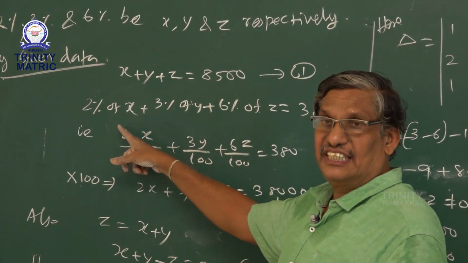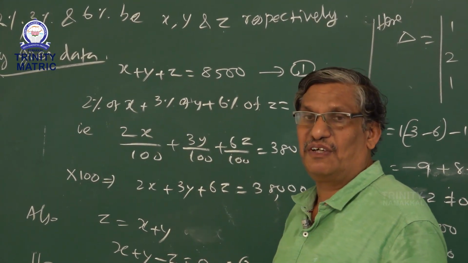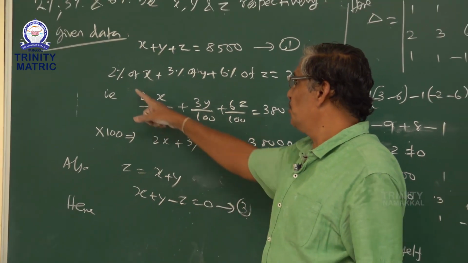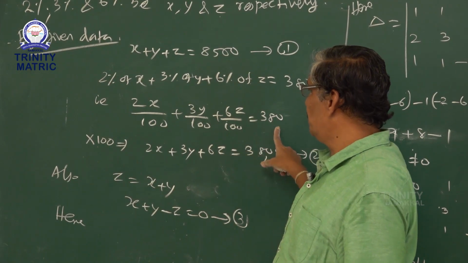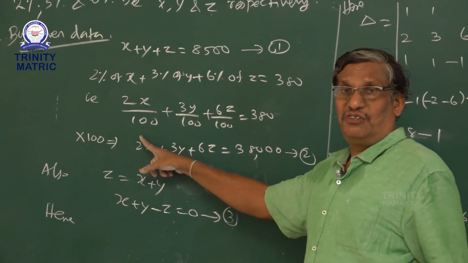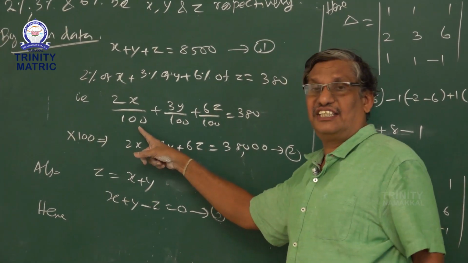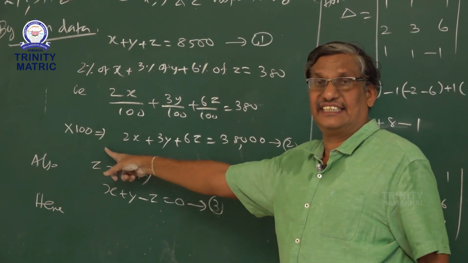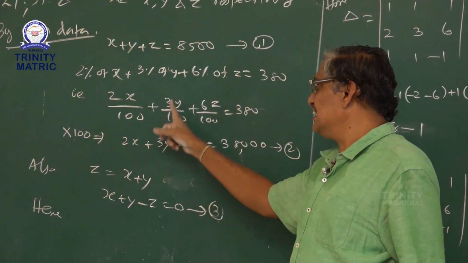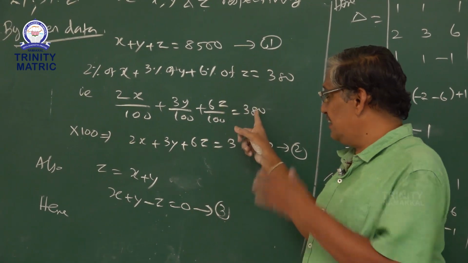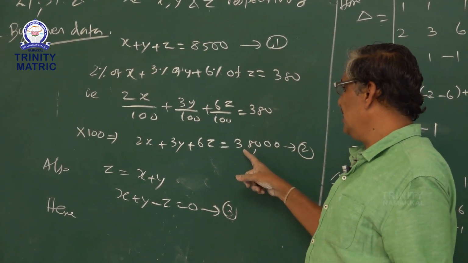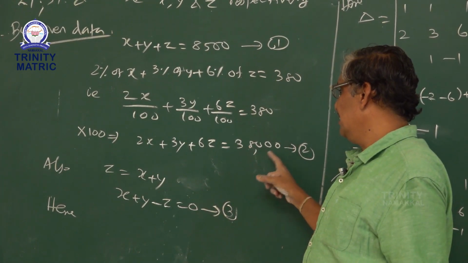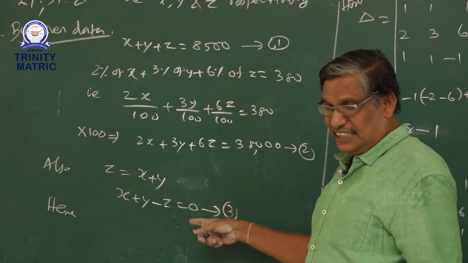You know the simple interest formula, PNR by 100. Here all the denominators have 100, so multiply by 100. So we get 2x plus 3y plus 6z equals 380 into 100. We have to add 2 zeros, so 38,000.